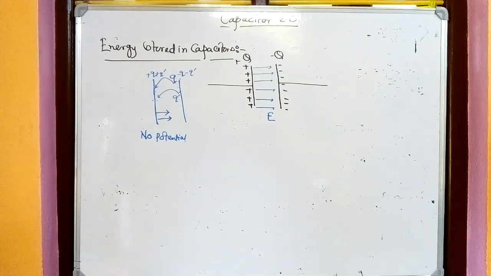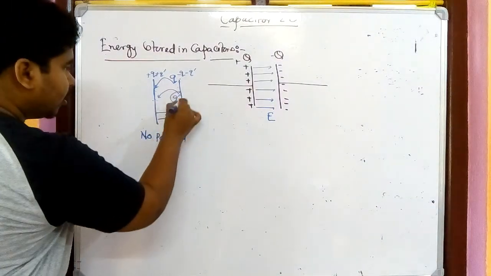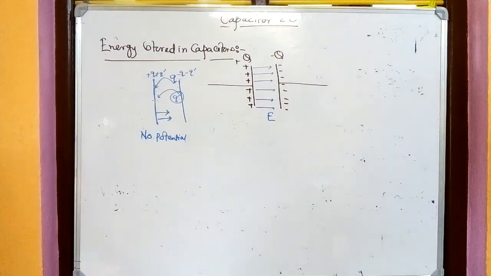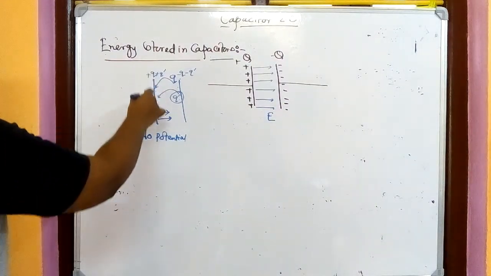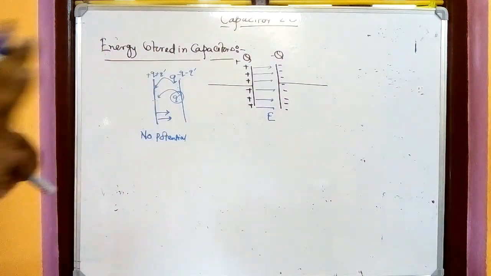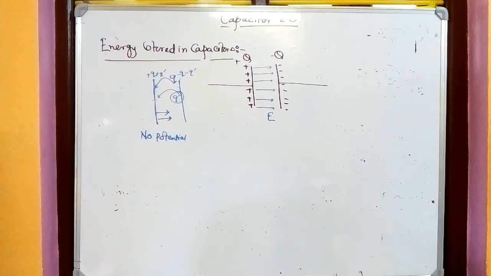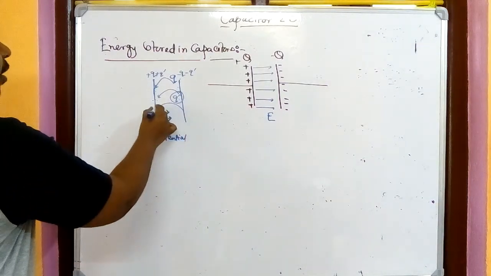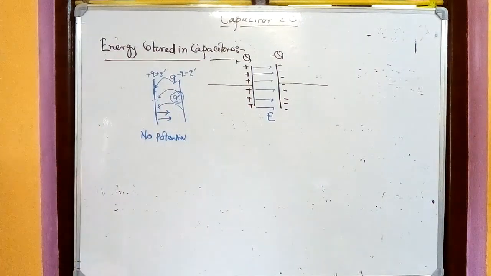But this charge, that is minus q, just goes and is put here, and as more charge is coming to this plate, more potential is there, and more repulsion. If any other charge wants to come here, it has to do a much larger amount of work, understand?